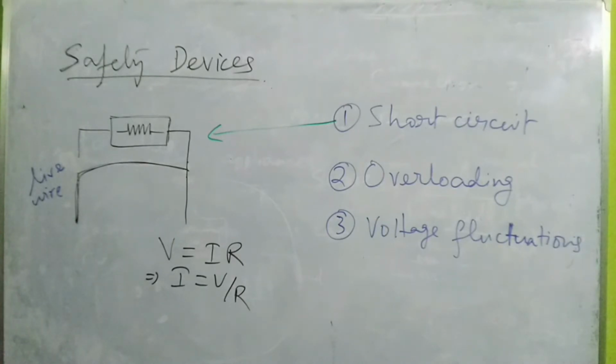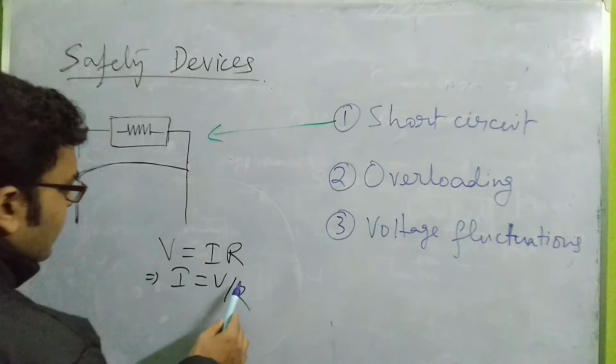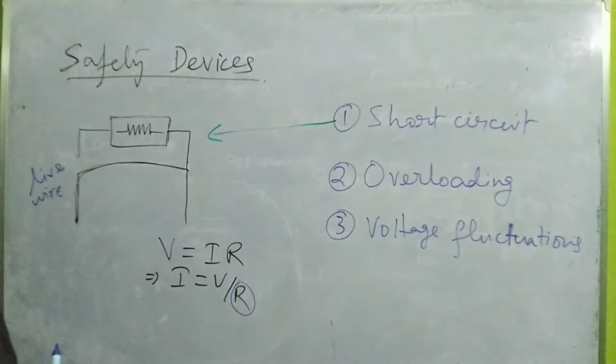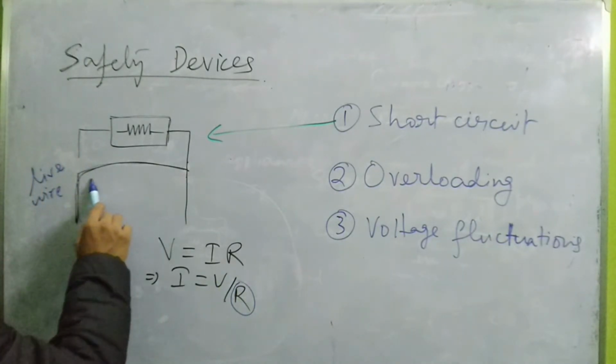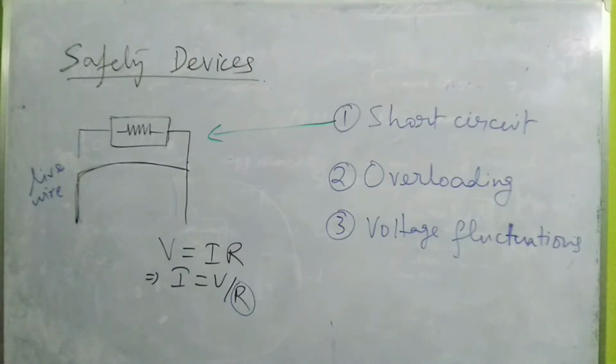Now suddenly the current will find a path which has very less resistance. The current will suddenly become very high, because the resistance of the total circuit becomes very low, and as a result high current starts flowing through this wire. Now every wire is designed to carry a certain maximum amount of current.